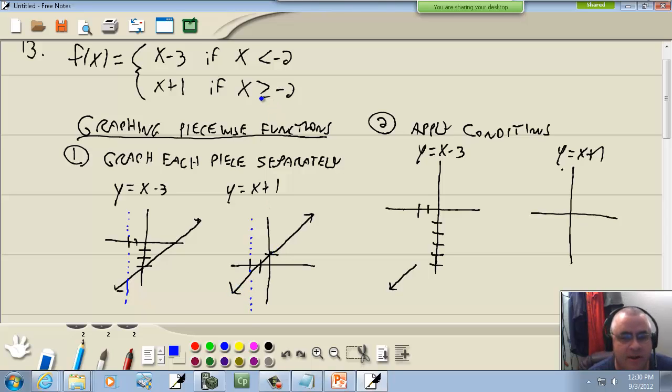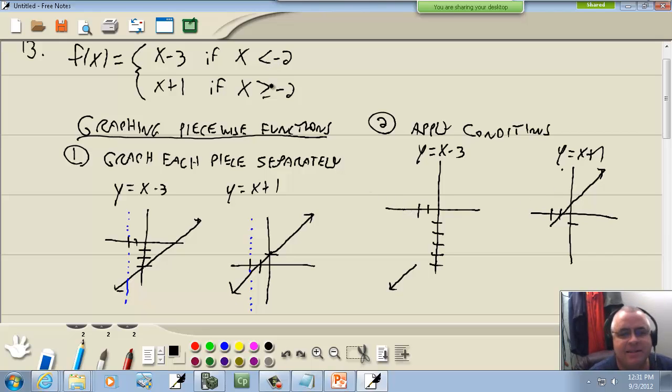Well, this is where it's greater than, so I'm going to keep the right side. And we'll keep that piece right there. Okay.